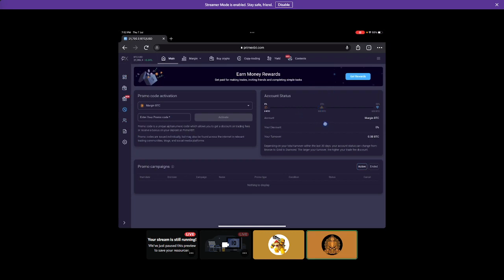When you've funded your account and you start trading, you'll have an account turnover, which you see here. I believe it's about $100,000, or whatever that would equate to in Bitcoin, per trade in fees.